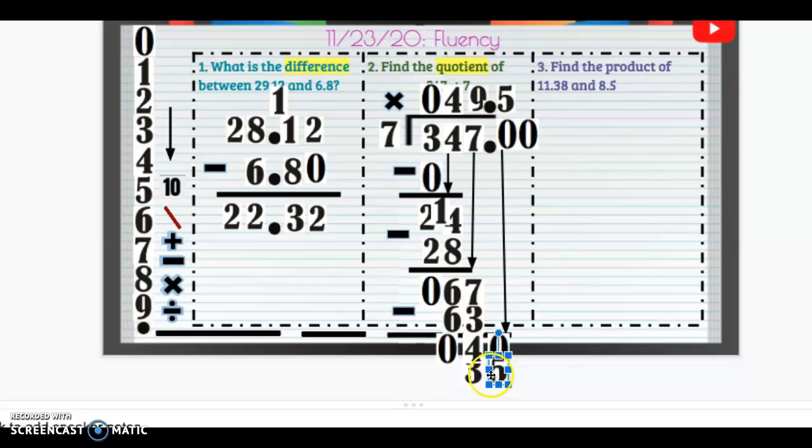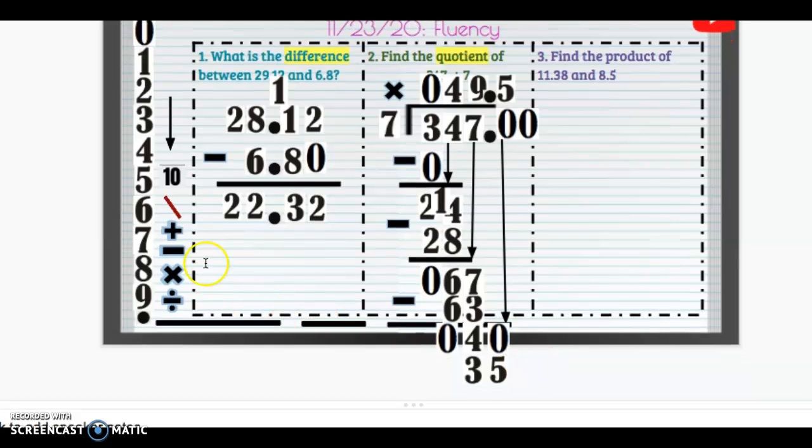So I'll bring it down, bring it down, bring it down a little bit, and then I have to subtract those from each other. And I would get 0 minus 5, I can't do, so that 4 becomes a 3, and the 0 becomes a 10.